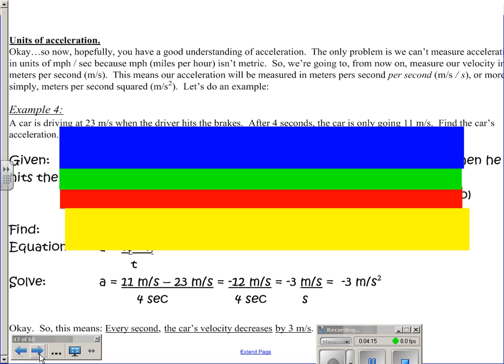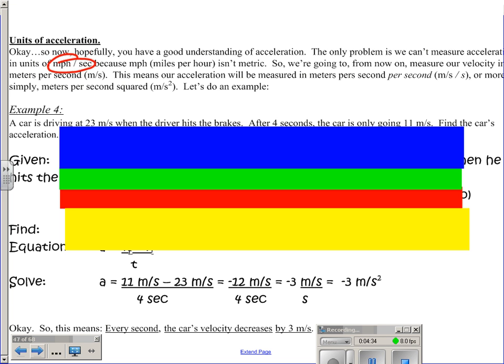Again, the problem is we can't measure acceleration in these units, because it's not metric. So from now on, we're going to measure our velocity in meters per second, which is cool because it's metric. The only problem is most students don't know what a meter per second is.